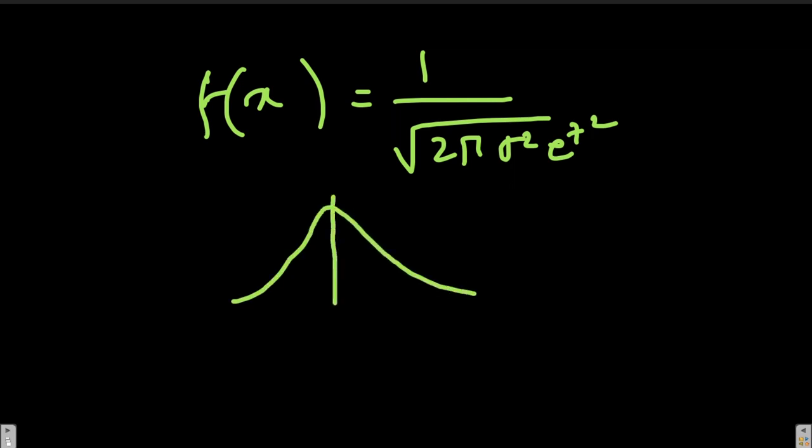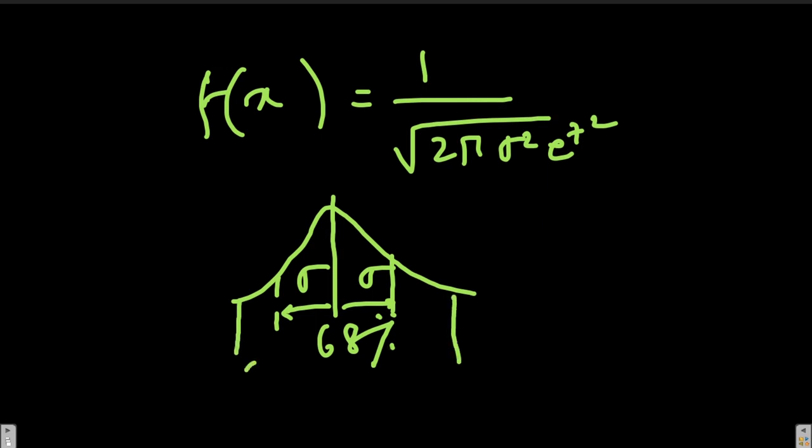If I take one standard deviation away, on both left and right of a normal distribution, this covers 68% of the area. If I take two standard deviations, on the left and on the right, it is going to be 95%.